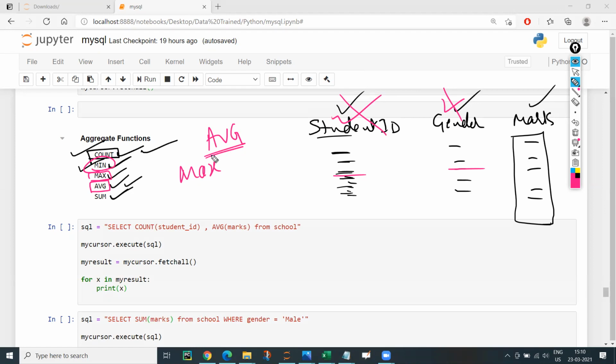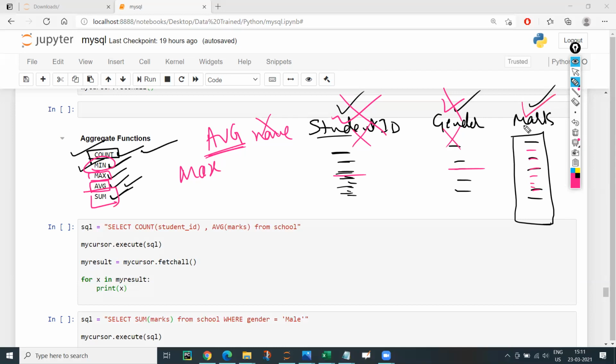Obviously, I cannot use average on a student ID, a gender, or a name. I can use it on marks only. And sum, again, I can use only on marks.